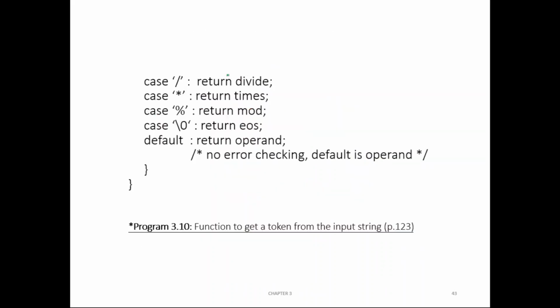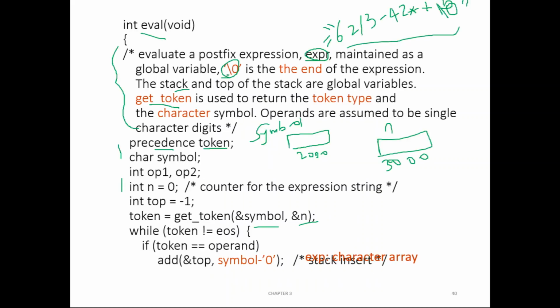The function get token is using another variable symbol. This is a pointer variable, and this symbol is holding the address 2000. It means that in get token, the symbol is a pointer that is pointing to this particular character.